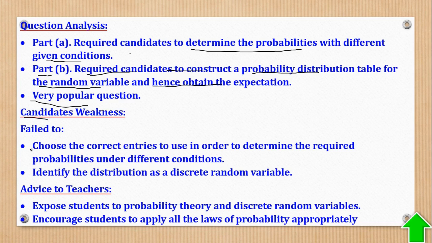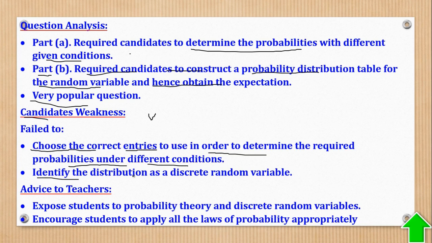As for weaknesses, candidates failed to choose the correct entries to use in order to determine the required probabilities under different conditions. So they failed to get the complements for win to be the losses. So W complement will be 1 minus probability of W, and they failed to do that.